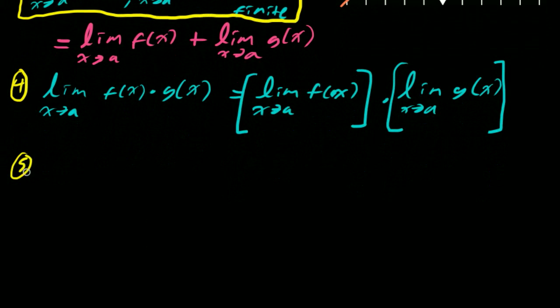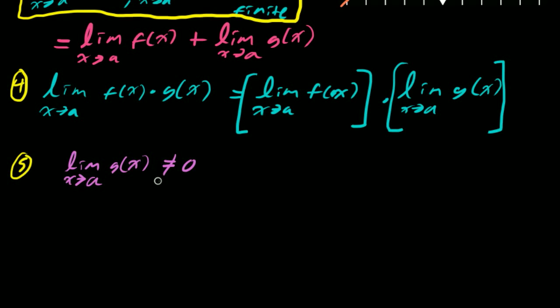Both the fifth property and the sixth property are going to depend on one more rule. The next precondition that we're going to say in this part is that the limit as x approaches a of our function g of x cannot be equal to 0.